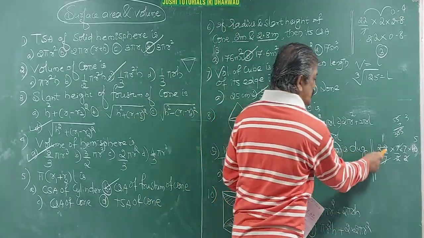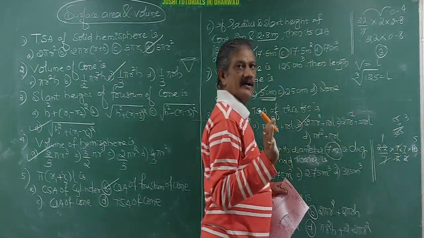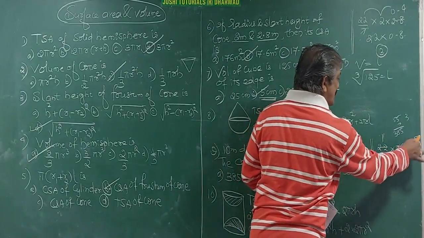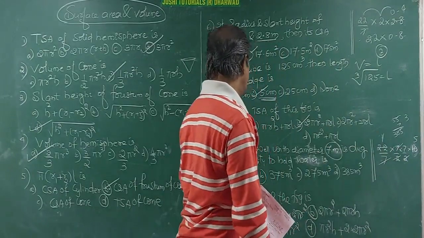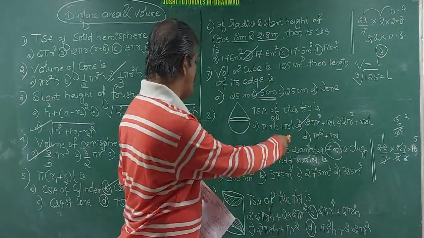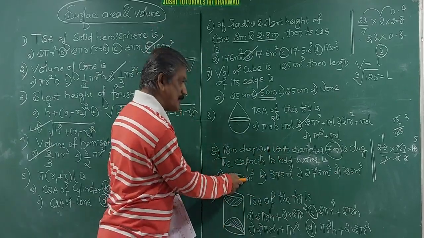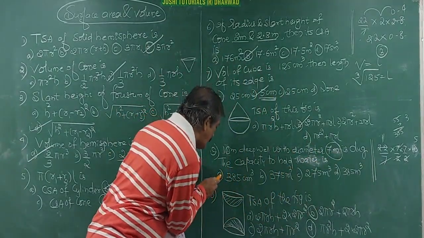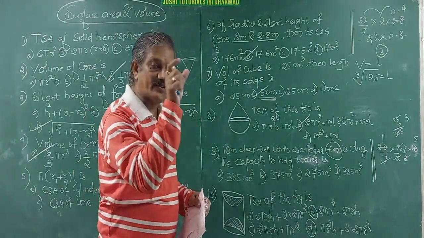That is 22 by 7, 7 by 2, 7 by 2 into 10. 7, 7 cancels, 2 11s are, 2 5s are, 7 5s are 35, 35 11s are 385. The correct answer is D, 385 meter cube. You will be confused. 385 centimeter cube, if you do not see these three, then you will go for marking this. This is the tricky question I have tackled.